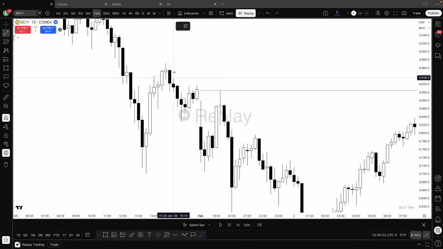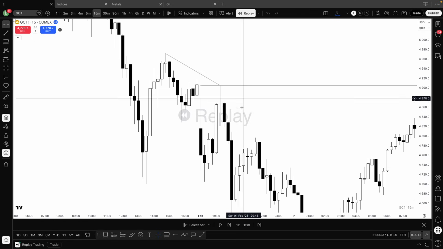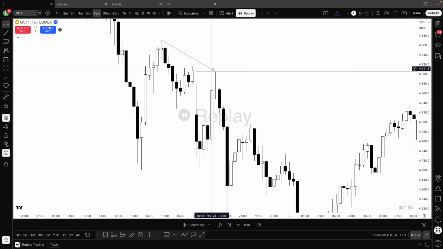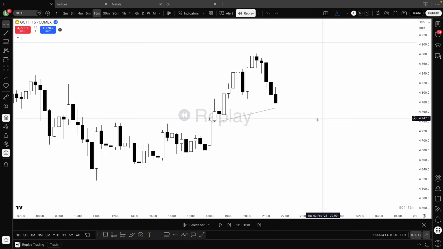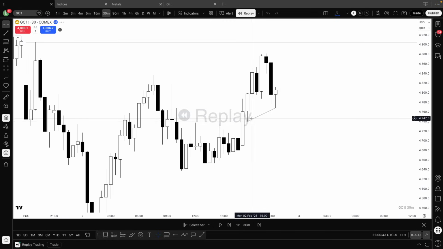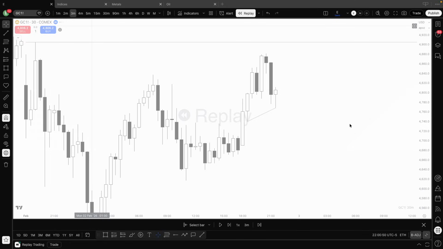So this asset doesn't take the gap and close bearish, confirming that it is the overall weaker pair. Now we're getting that here again, where this asset doesn't take the gap and close bullish, so it's confirming that GC is the overall stronger asset.